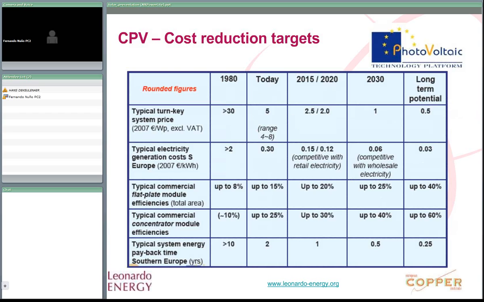By 2015-2020, this cost could be reduced to 15 or 12 euro cents per kilowatt hour, and in 2030 6 cents per kilowatt hour, which means a very good price, competitive with wholesale electricity.